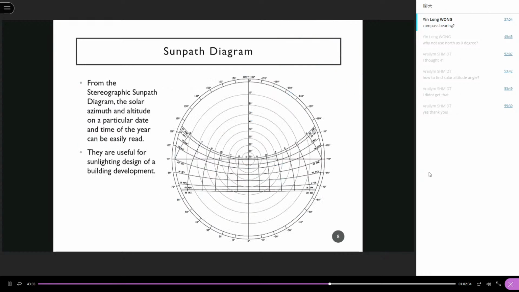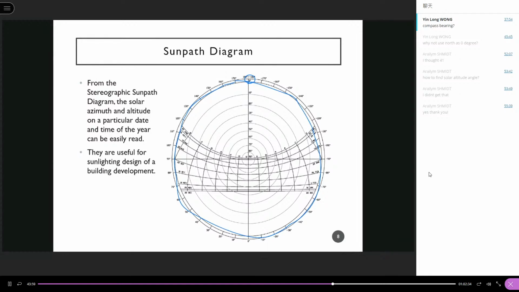So on the sunpath diagram, these circles would represent the solar altitude angle. Any point on this big circle will have a solar altitude angle of 0.